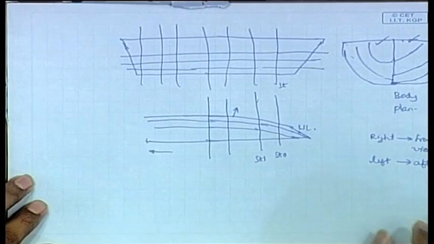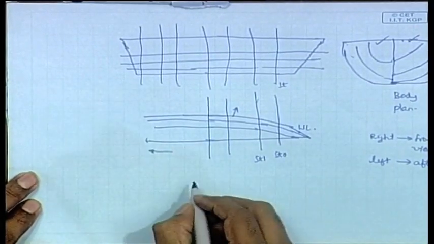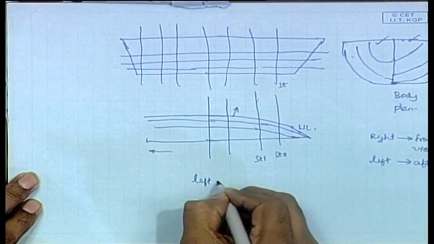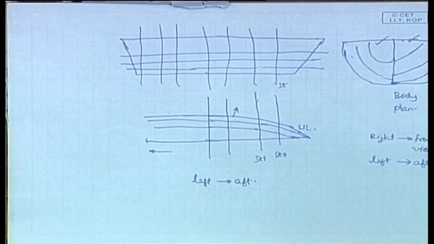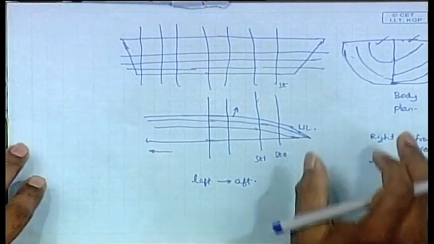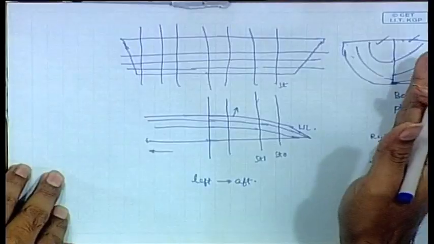The front side is always given on the right side and the aft is on the left side.